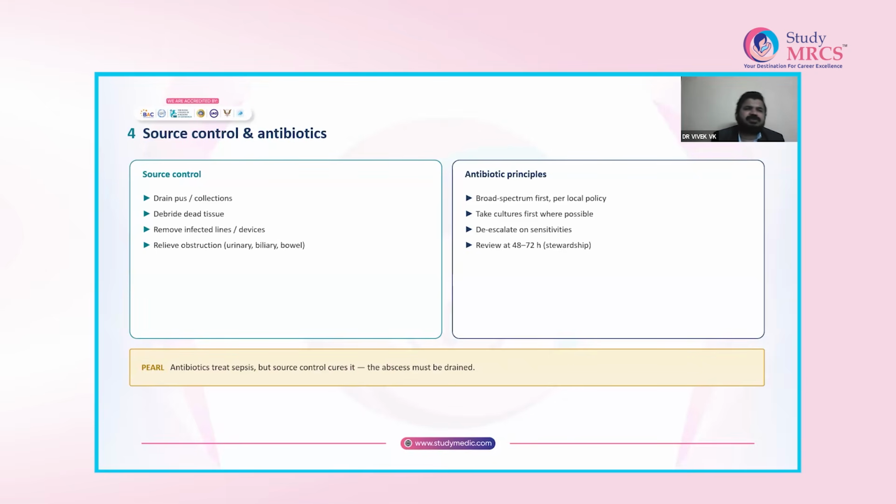Sometimes the source of sepsis could be due to some sort of obstruction. The obstruction could be at different parts, could be at the biliary level. Suppose a patient is having a stone in the common bile duct that may have originated from the gallbladder.